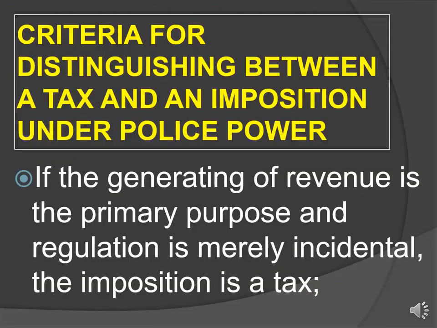So, having talked about the distinctions between a tax and a license fee, and also between the power of taxation and police power, the Supreme Court came up with a criterion for distinguishing between a tax and any imposition under police power. And what is that? The Supreme Court said that if the generating of revenue is the primary purpose and regulation is merely incidental, the imposition is a tax.